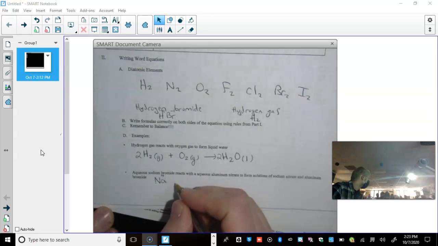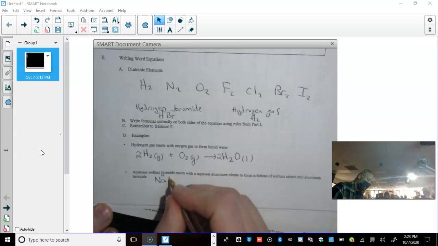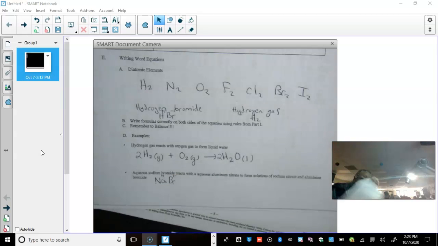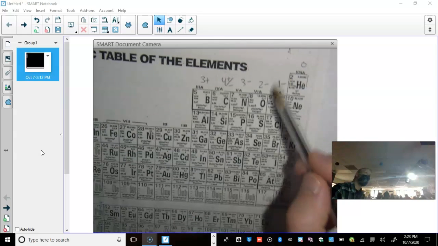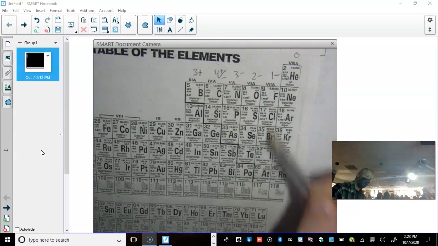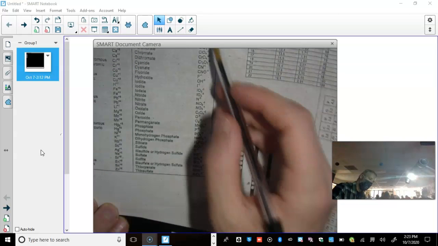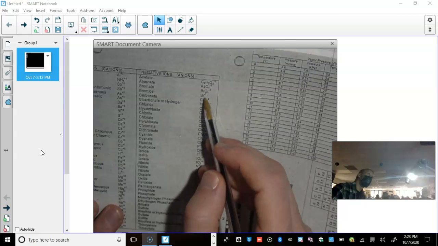Bromide is Br, and it's a -1. And again, if you forget that the halogens on the periodic table are all -1, you can go on the back of the periodic table. Bromine is Br. Bromine or bromide?